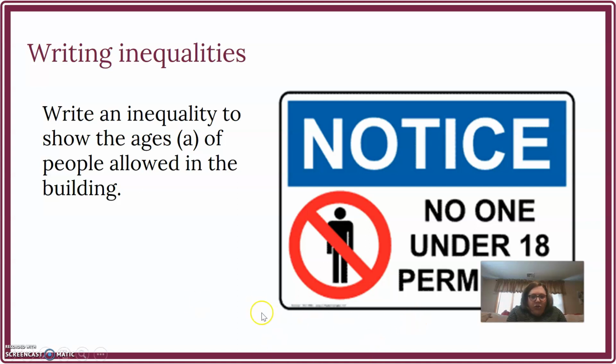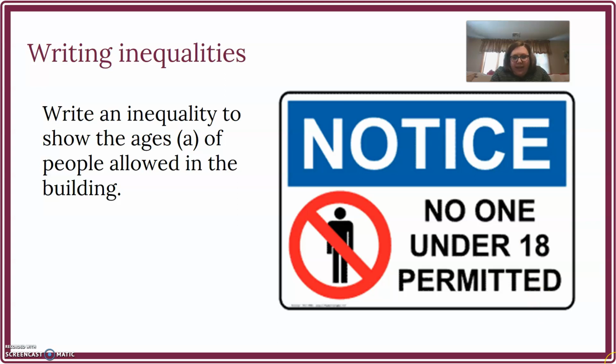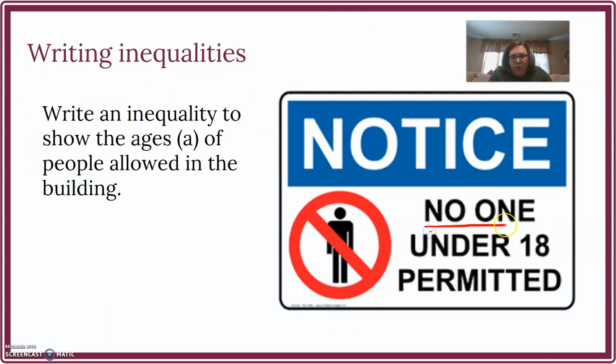Write an inequality to show the ages of people allowed in the building: no one under 18 is permitted. So no one under 18 means you have to be over 18. It says to use A for age, so your age has to be greater than 18.